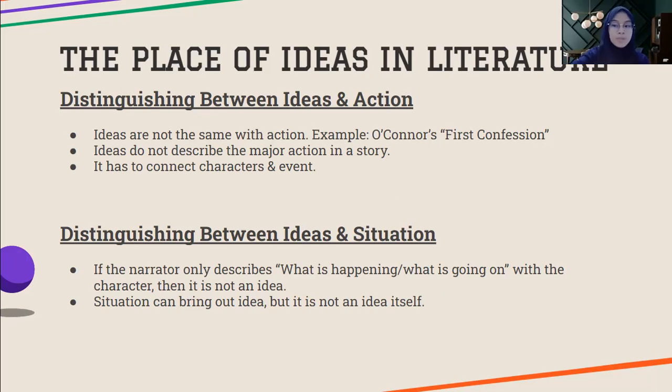But some possible connection can be achieved with a sentence like: First Confession illustrates the idea that family life may produce anger and potential violence. So it won't be just retelling O'Connor's story. So yes, the ideas do not describe the major action in a story. It has to connect characters and events.